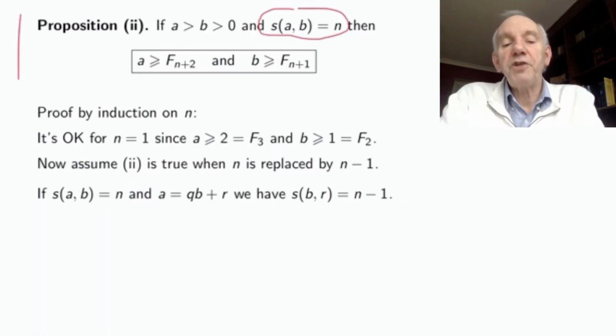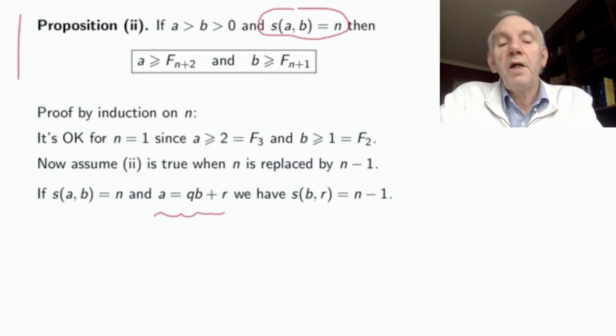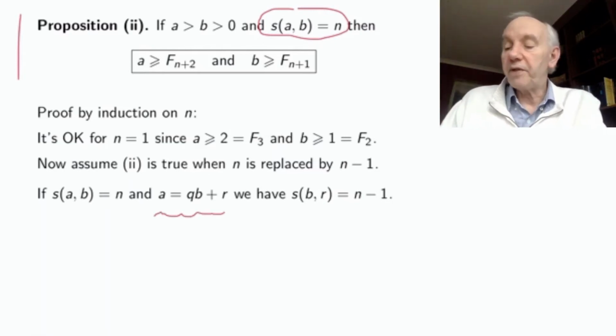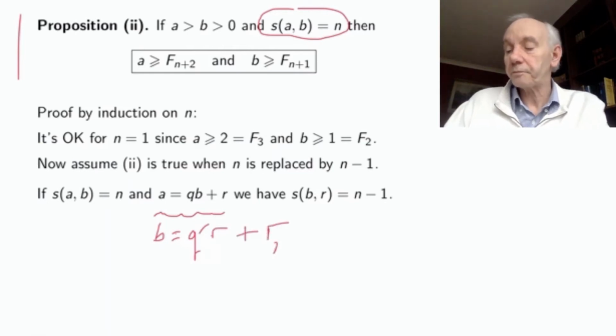And if we assume that, what is the first step in applying Euclid's algorithm? The first step is to divide A by B. Then the next step is to take the B downstairs and divide it by R, so that the second line here will be A is equal to some other quotient, let's just call it Q primed, times R, plus another remainder, which I call R2.